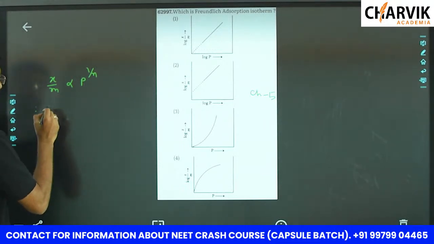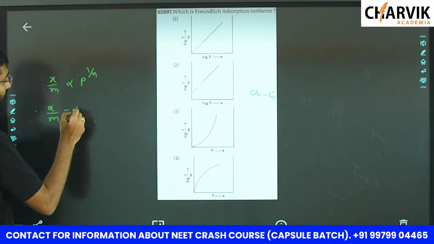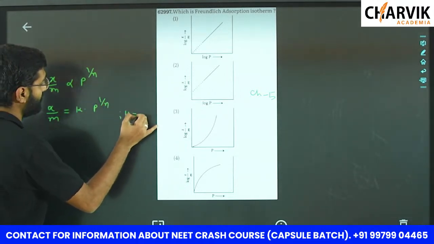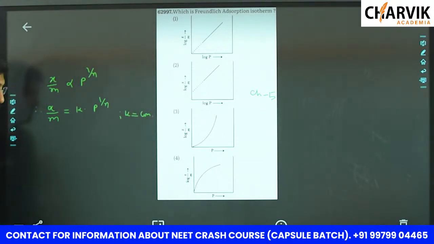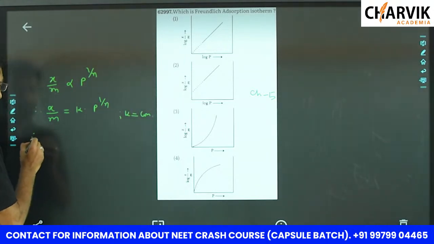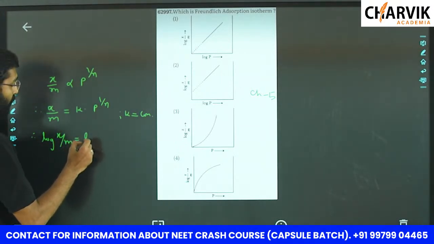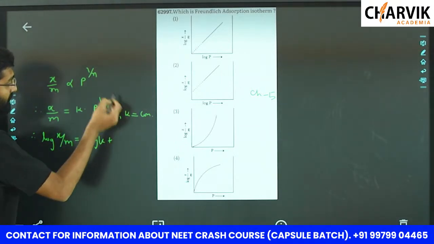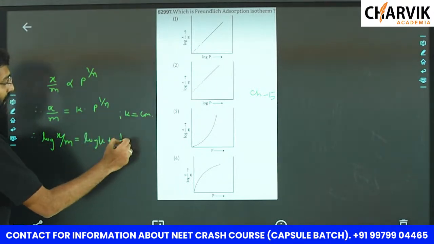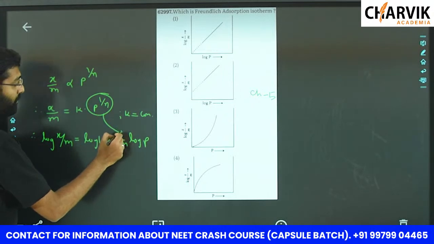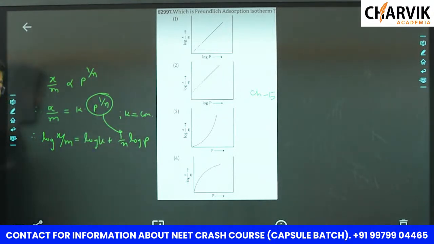If we write x by m equals k into p raised to 1 upon n, then k is constant. Now take log on both sides. Log x by m equals log k plus 1 upon n into log p. Can I write log of p raised to 1 upon n as 1 upon n into log p?